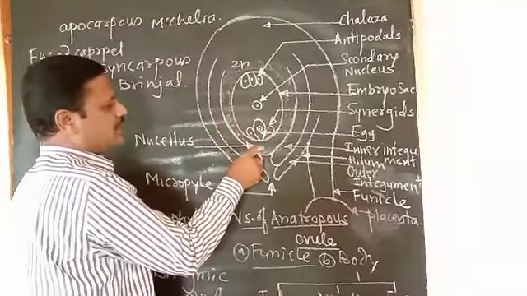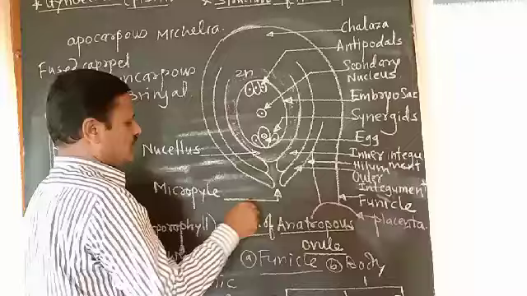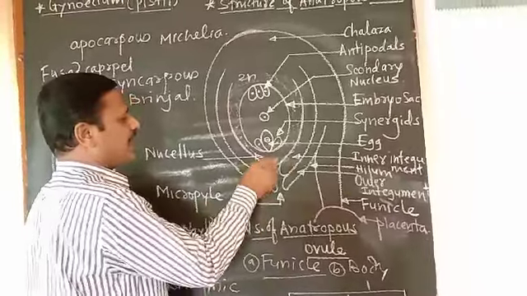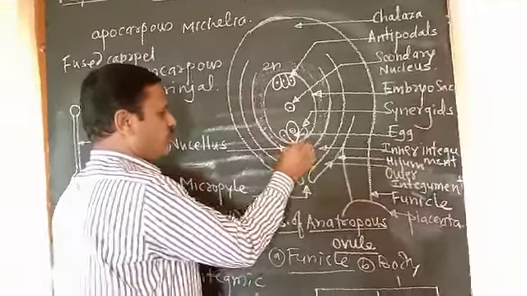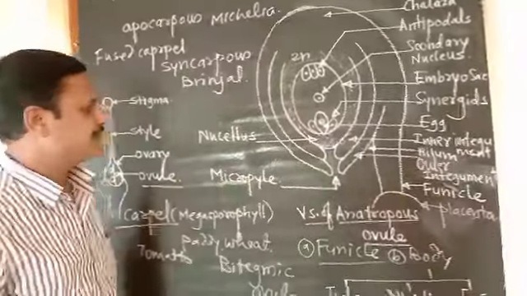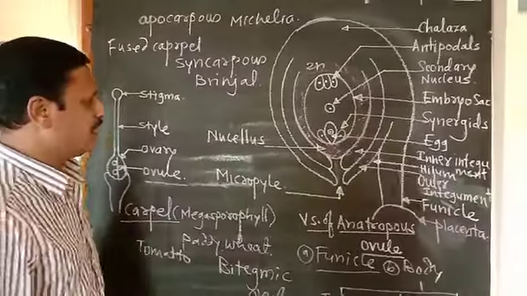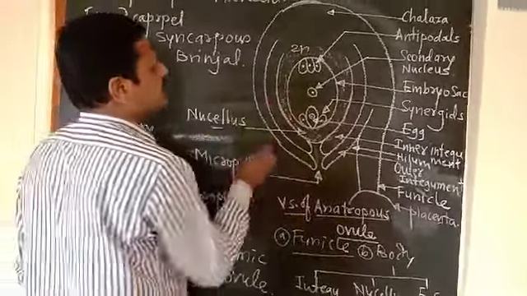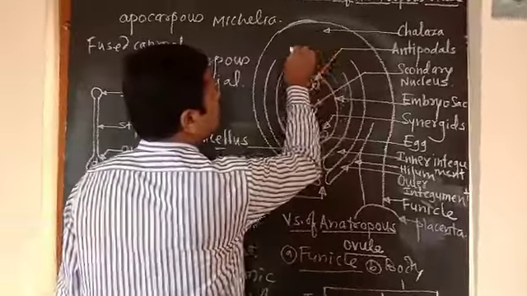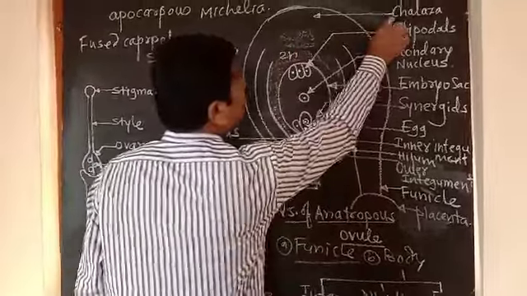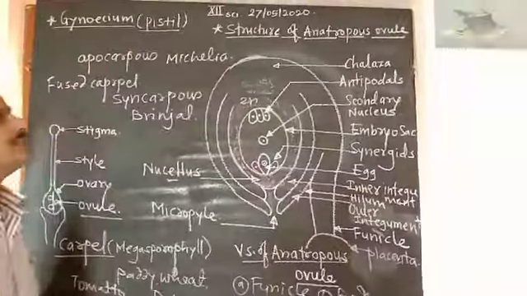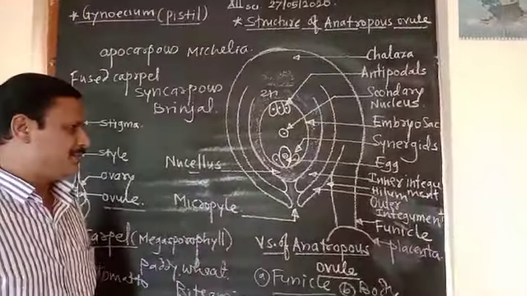The region of nucellus which is present towards the micropyle is called the micropylar end, while the part of nucellus which is present towards the chalaza is called the chalazal end.